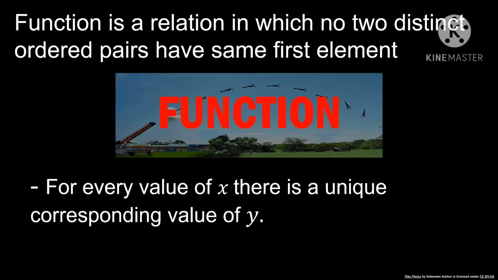When we say unique in mathematics, it means there is one and only one value for y. O sa bawat value ni x, may isa lang value kay y. Okay? So that is what we call unique.